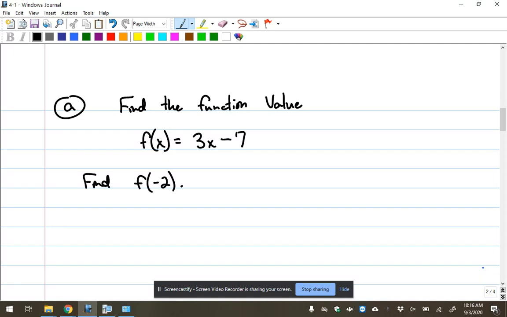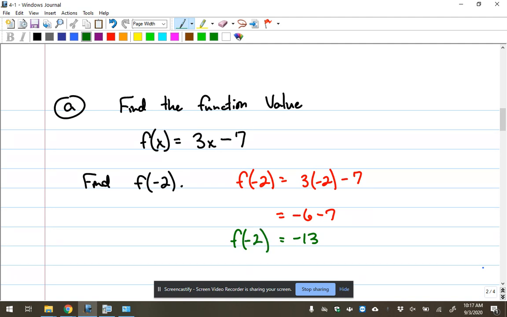What does that mean? Absolutely. Good. We know that. F of -2 means plug in -2 for x and work it out. So it'd be -6 minus 7 is -13, right? So f of -2 is -13.